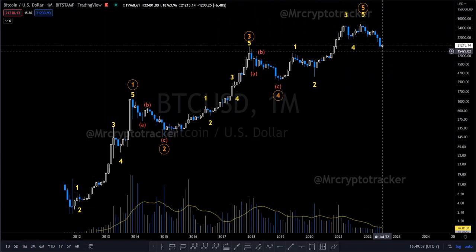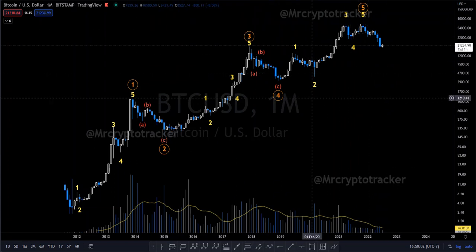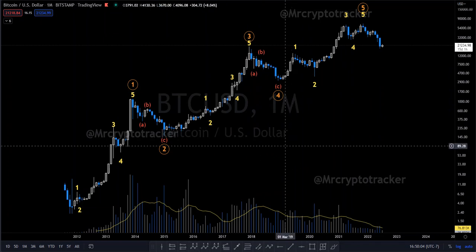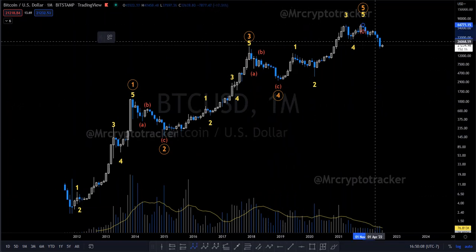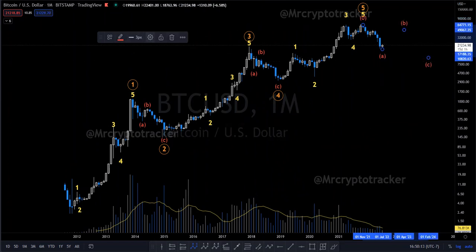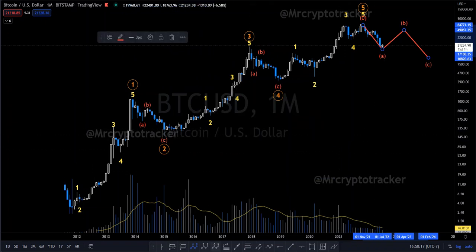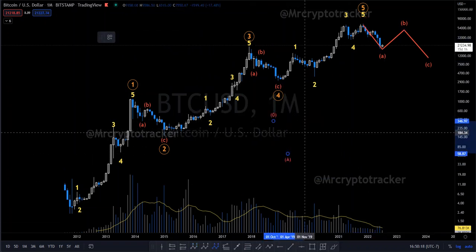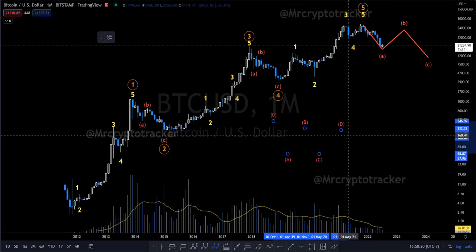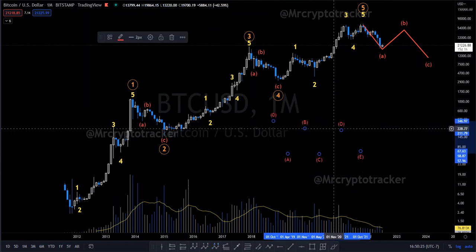And we are in a big corrective mode, which can be in the form of ABC like this, or it can be like an A, B, C, D, E form, or it can form different patterns.